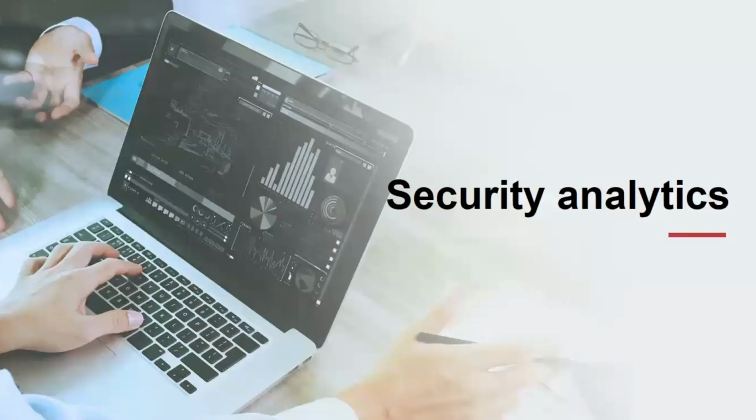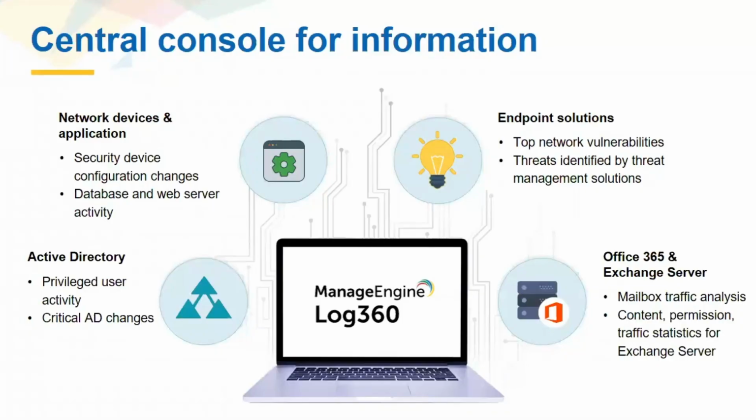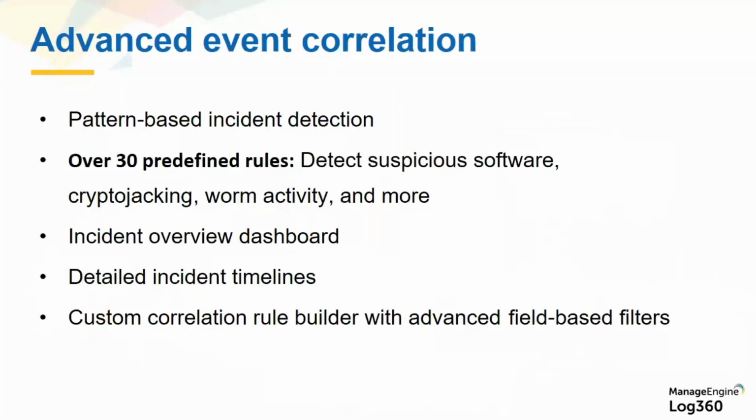That's the architecture of the event log analyzer. What I would like to show you here, the first thing, is the correlation. In the correlation section of the event log analyzer, like I said before, let's take up a scenario of an intruder who wants to access the sensitive data you have in your organization.